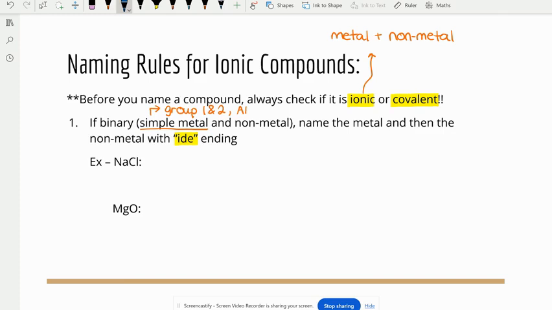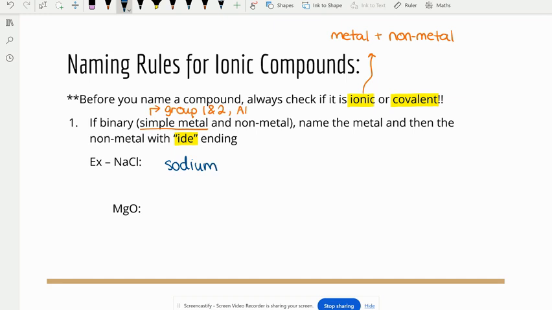NaCl. Check your periodic table. You should have it right next to you. Find Na. It should be in group 1. So Na is sodium. It's a metal, a simple metal in fact. So I write sodium.